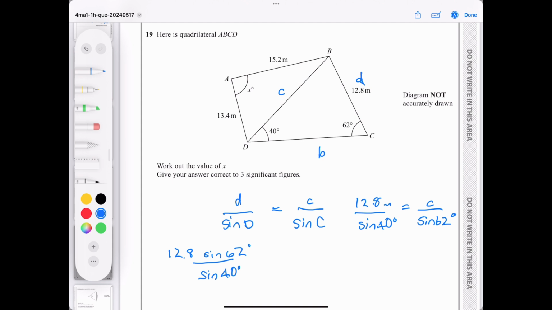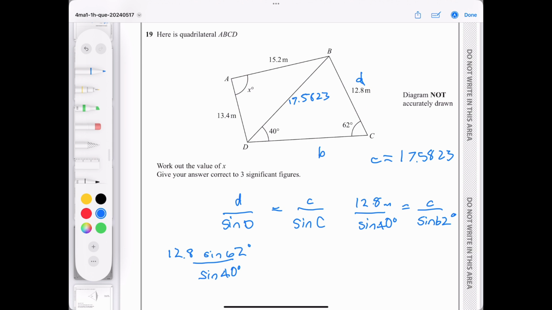So according to this, C equals 17.5823, etc. So let's just fill that in here. Now we're going to have to mark up the other side.